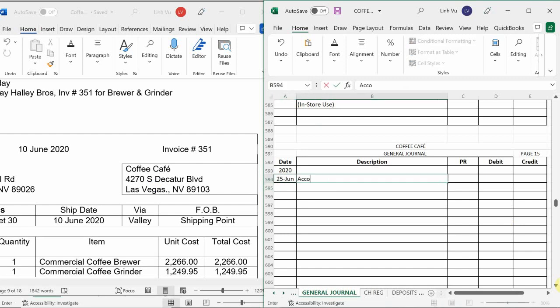Okay, what else? How are we going to pay them? With a check. We're going to pay them with a check. All right, so how much do we know about this invoice?